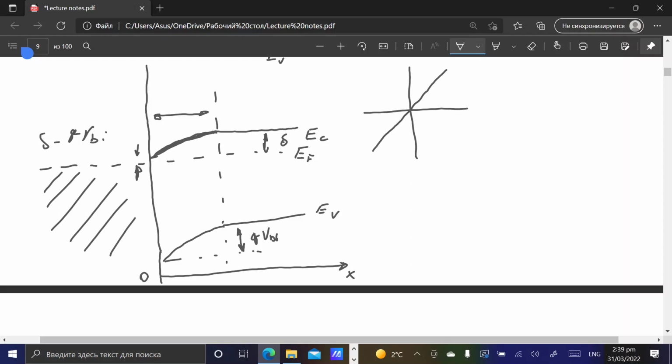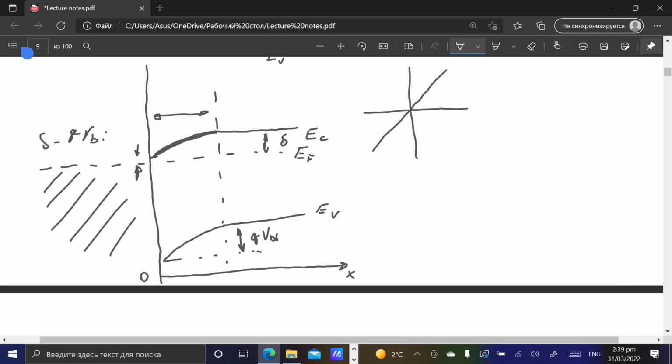It is obvious that at the interface or at the surface of a semiconductor, there could be some impurities, defects, and so on. These impurities and defects can create energy levels, deep or shallow, within the band gap. If we have some deep energy levels created at the interface, they can facilitate so-called trap-assisted or Shockley-Read-Hall recombination.